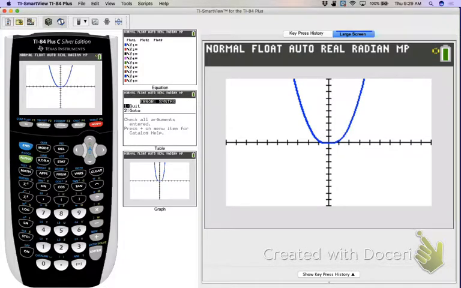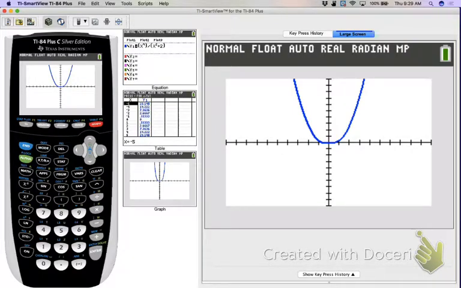What do you notice? Do you have a vertical asymptote? Do you have anything that the x value can't be? Is there anything that x can't be? No, there are no restrictions, right?